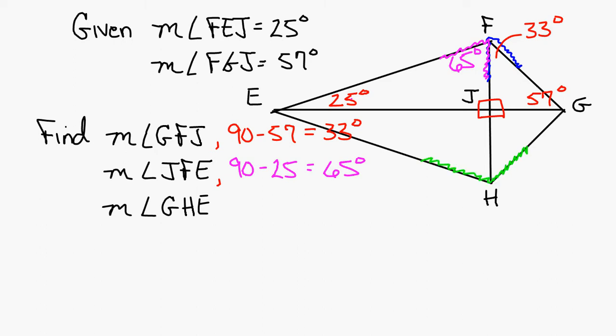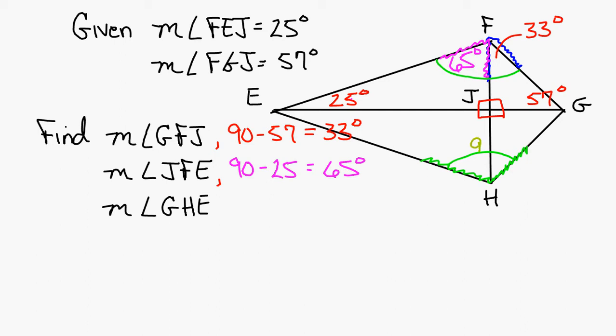Now look, we just said that there's exactly one pair of congruent opposite angles, and they are the angles formed by the non-congruent sides. So now you're looking for this entire angle, and isn't it going to be congruent to this one up here? So what is 65 plus 33? 98.